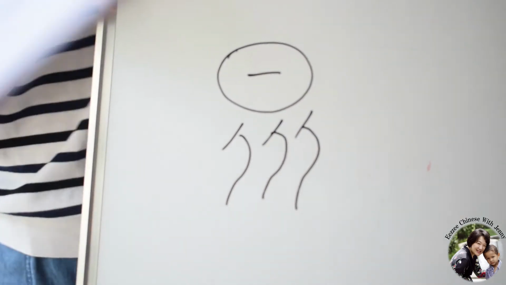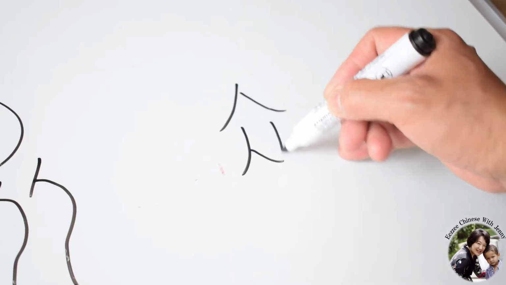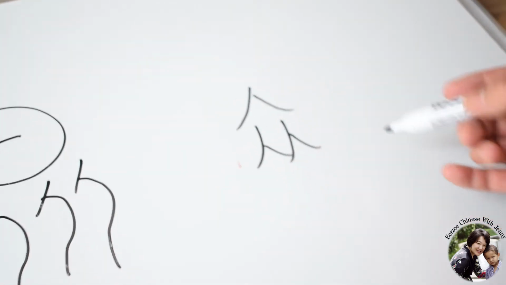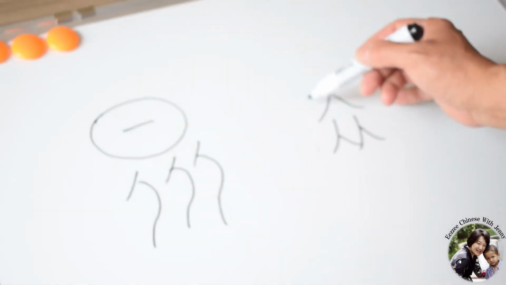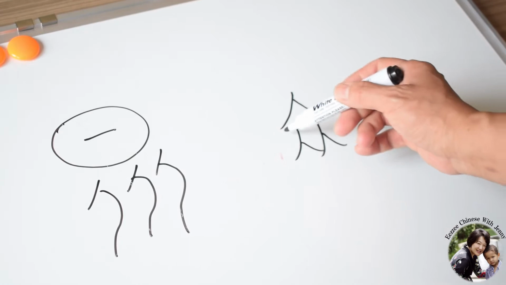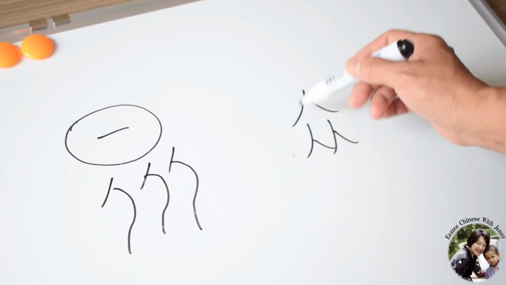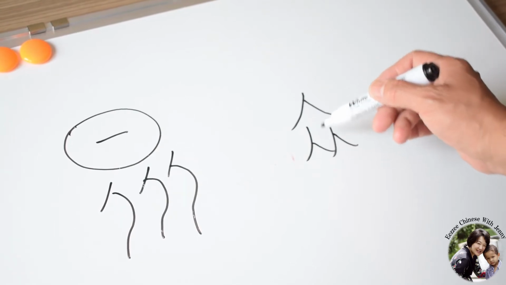It's written currently with one person on the top and 2 people below. So it's like the first character we have learned, 人, a big 人 on the top, and the second character, 从, below this big person.